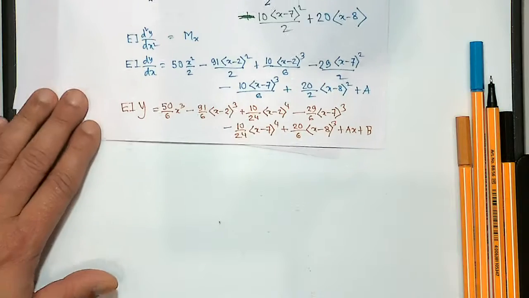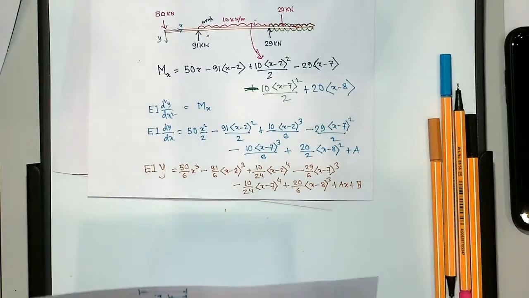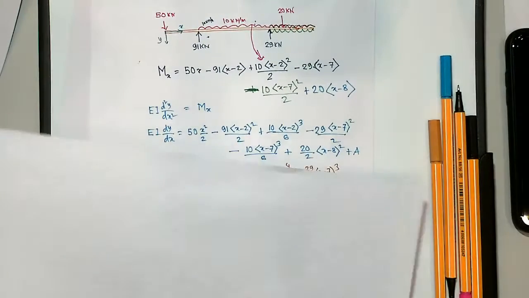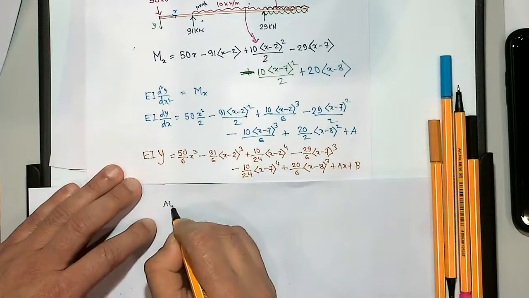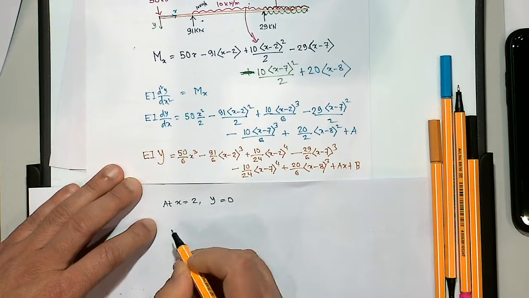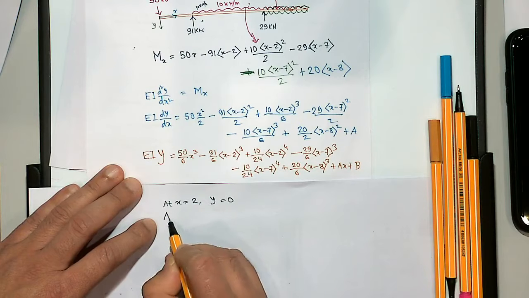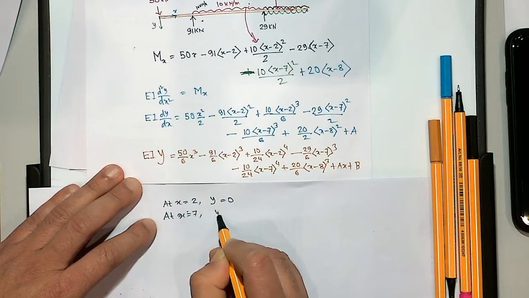So once we have got that bit of information, then you put the boundary conditions as follows. You put the boundary condition at x equal to 2 meter, y equal to 0. You put that in, and you put at x equal to 7 meter, y equal to 0.